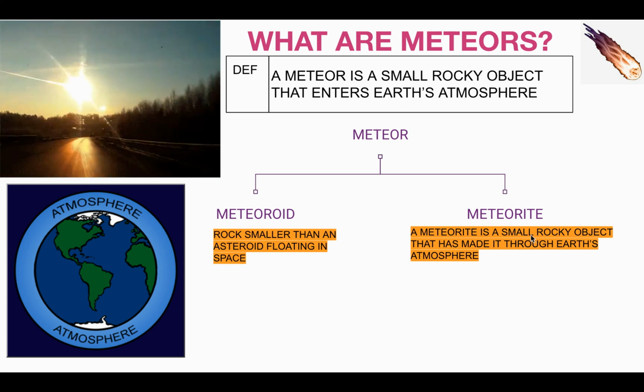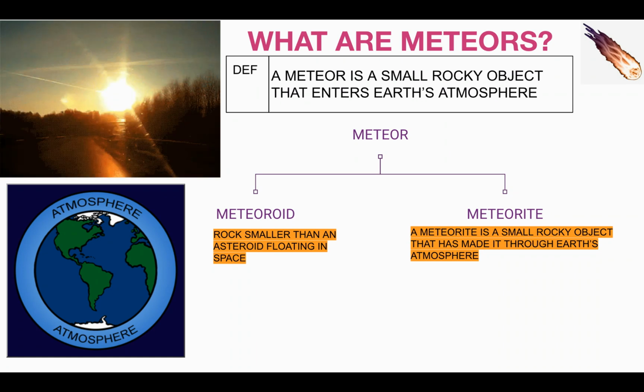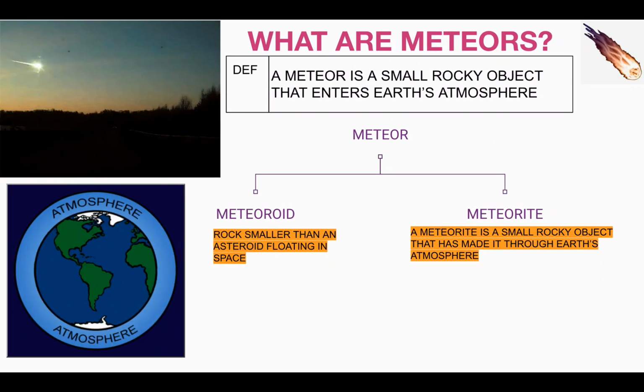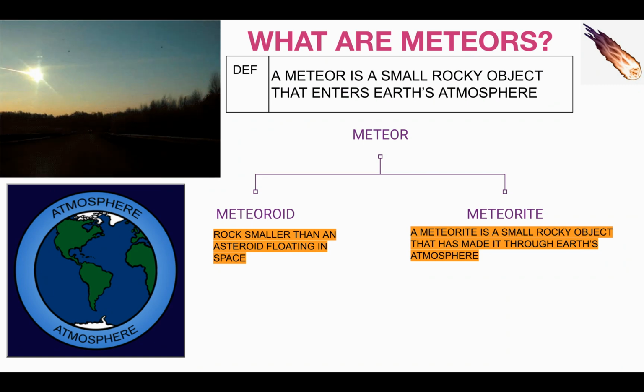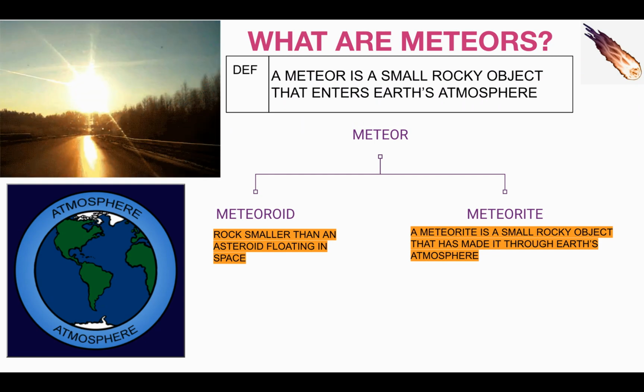When the meteorite goes through the Earth's atmosphere, it actually burns up. So this is why we see the flames. Most of the time, that will burn up completely. It will vaporize, so it'll turn into a gas, and we never actually see the meteorite itself because it has burned up high in the atmosphere.